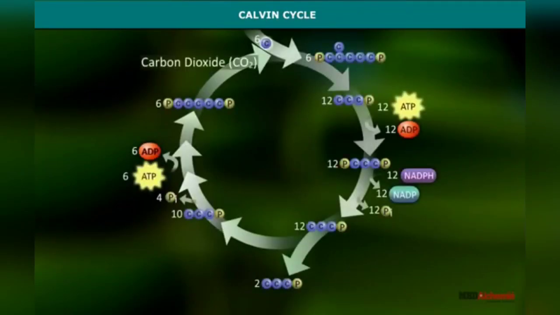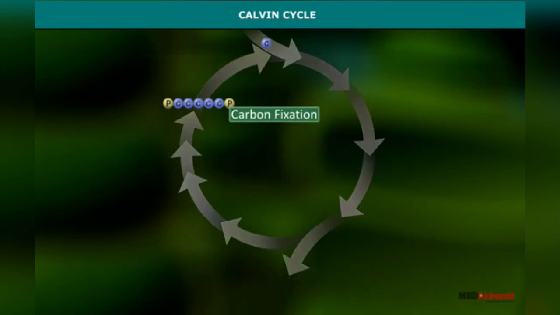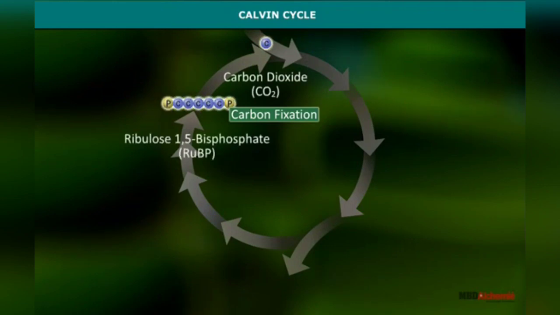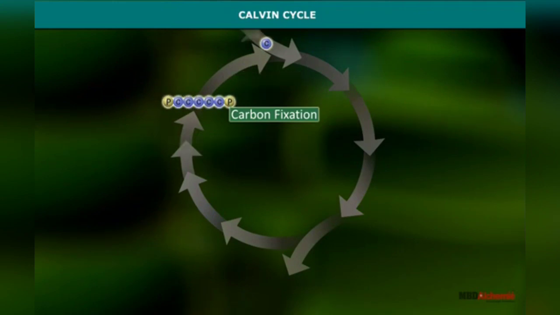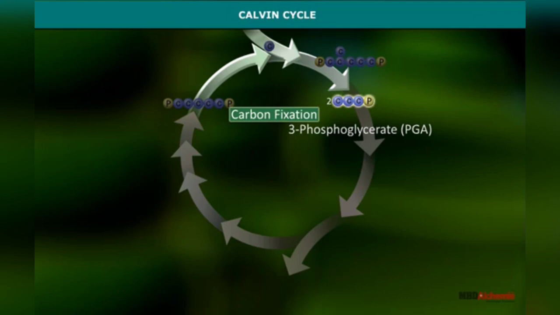The cycle consists of 3 steps: carbon fixation, reduction, and regeneration. The first step is carbon fixation. In this step, carbon dioxide is attached to ribulose 1,5-bisphosphate, resulting in a 6-carbon molecule that splits into 2 3-carbon molecules.